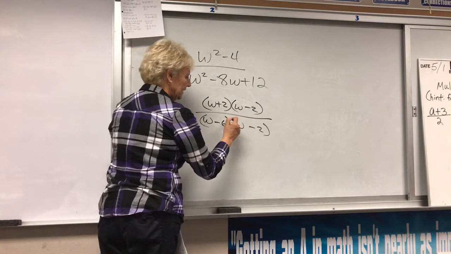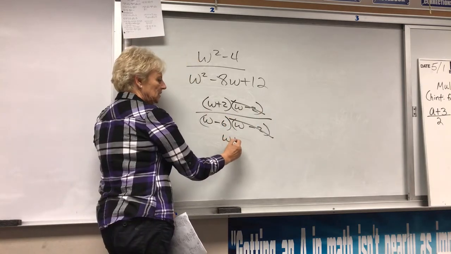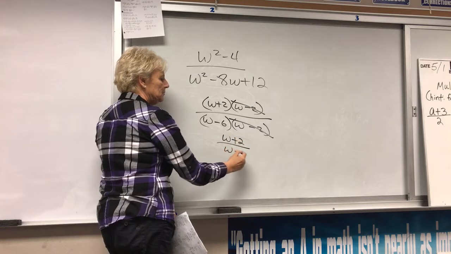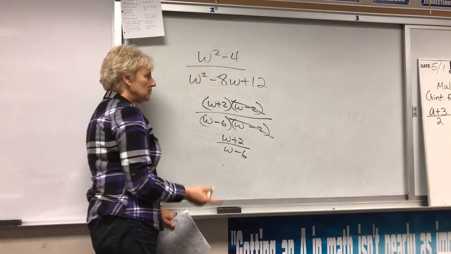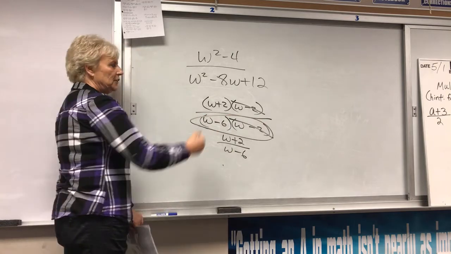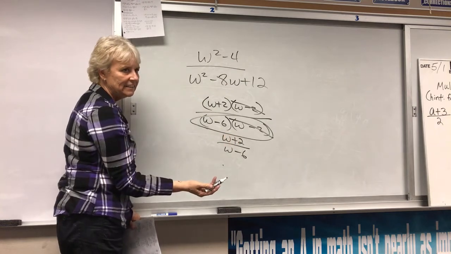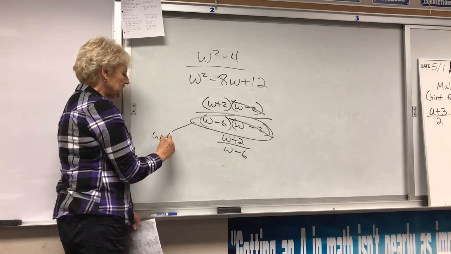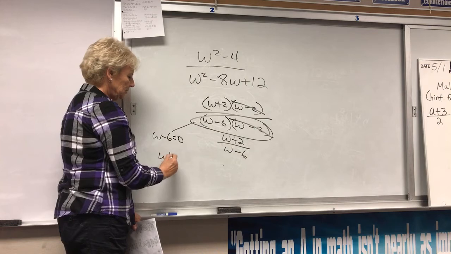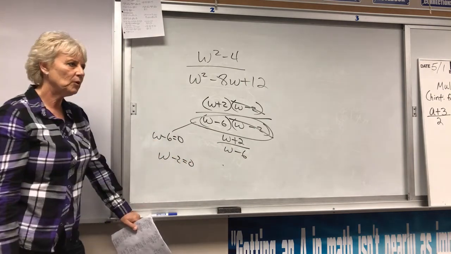Now we can cancel those out. Final answer, w plus 2 over w minus 6. To get the excluded value, you're actually setting this equal to 0, but you have to factor it to find it. So w minus 6 equals 0, and w minus 2 equals 0. 6 and 2. Question on that?